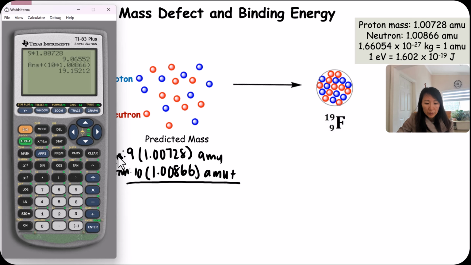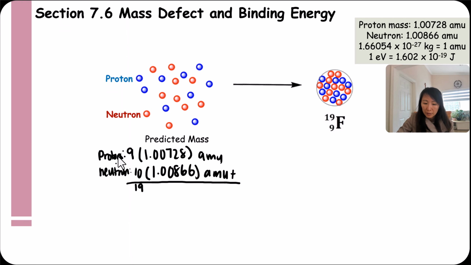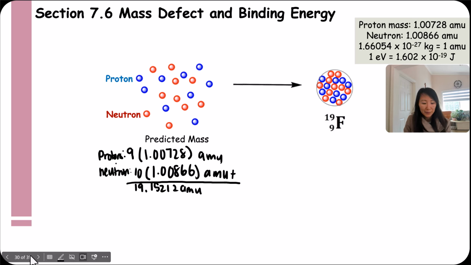Okay, so altogether this is 19.15212 AMU. Right. So that's their predicted mass.